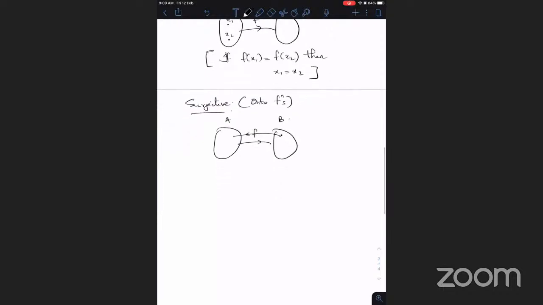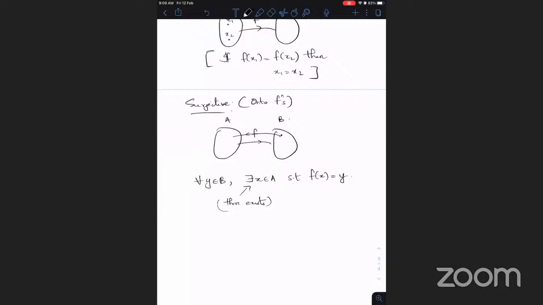So for all y in B, there exists x in A such that f of x equals y. This symbol is just for "there exists".